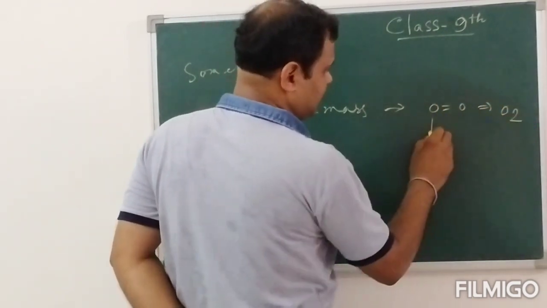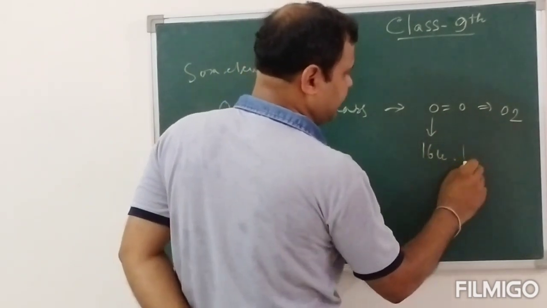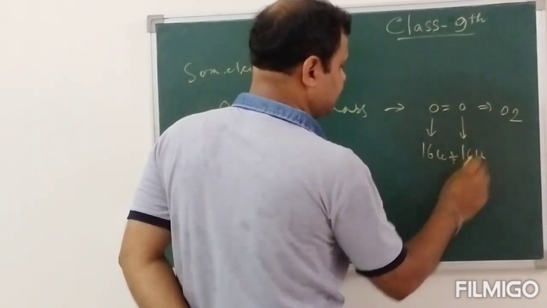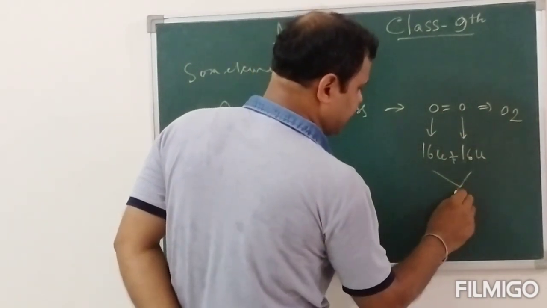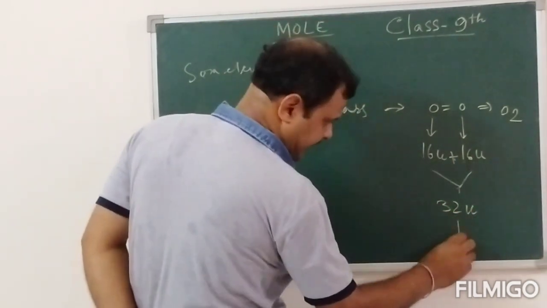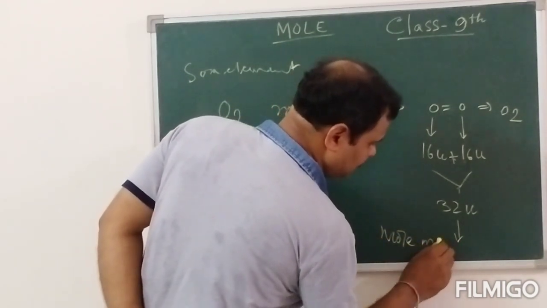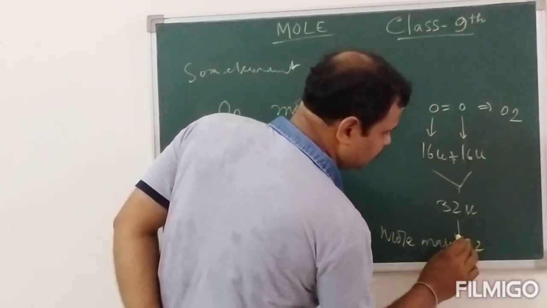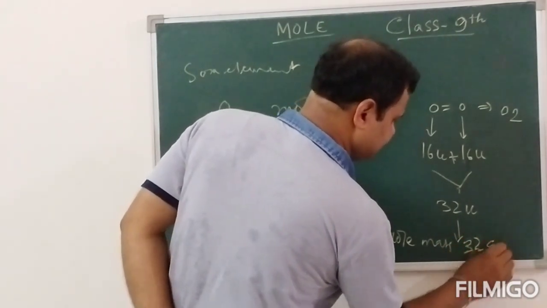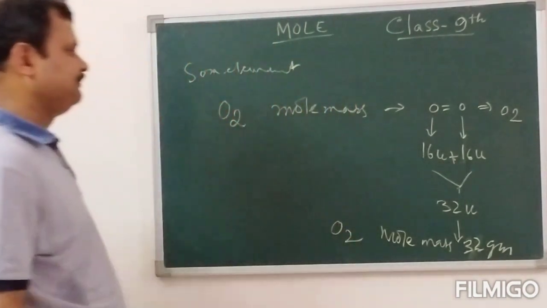So oxygen has 16 unit and another oxygen also has 16 unit. So the total is how much? It comes to 32 unit for an oxygen molecule, so the mole mass will be 32 gram. That is the mole mass of an oxygen molecule.